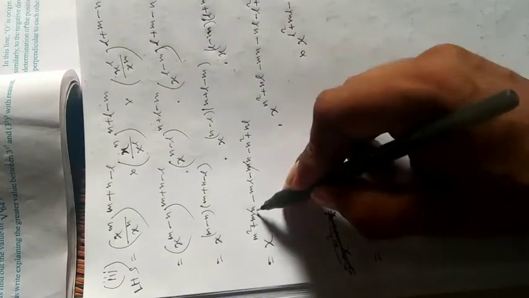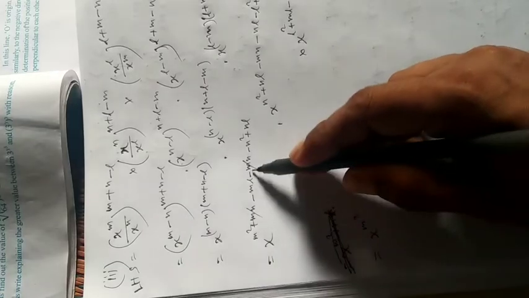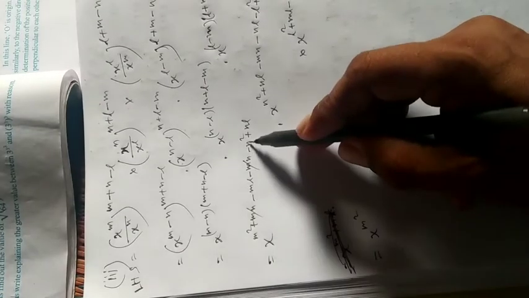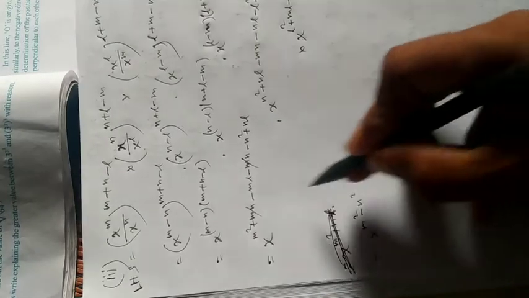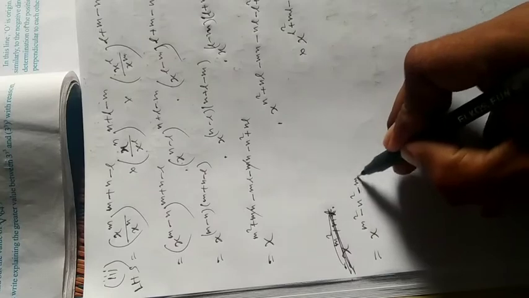equals x to the power m square, because they cancel, plus mn minus mn and minus n square minus ml plus nl.